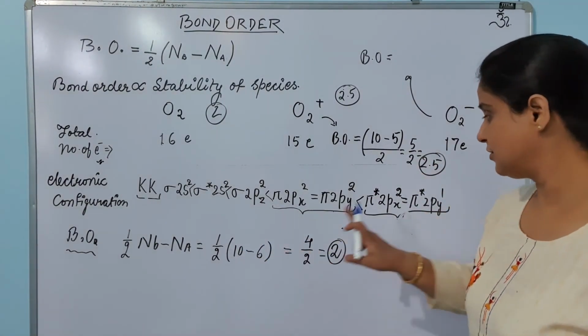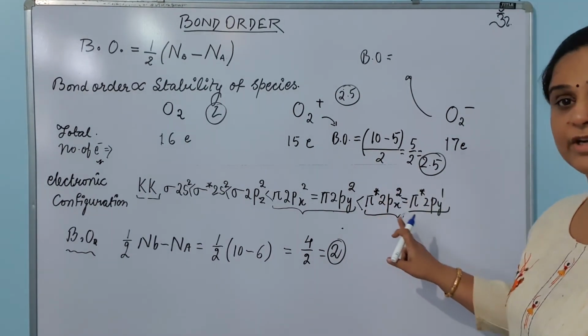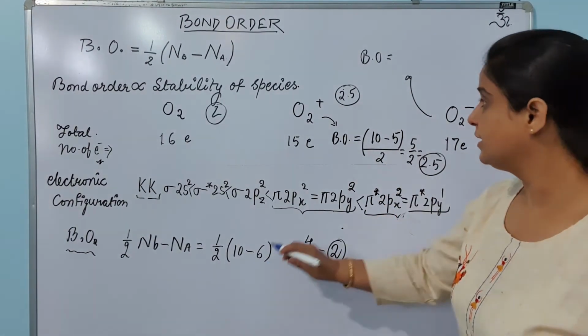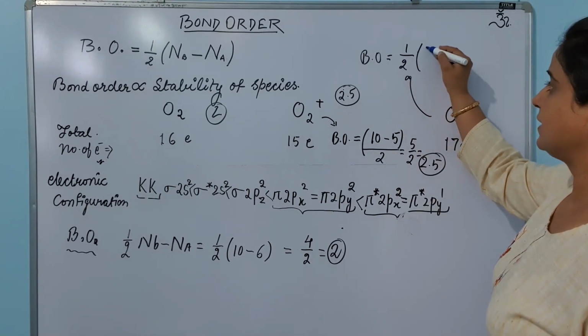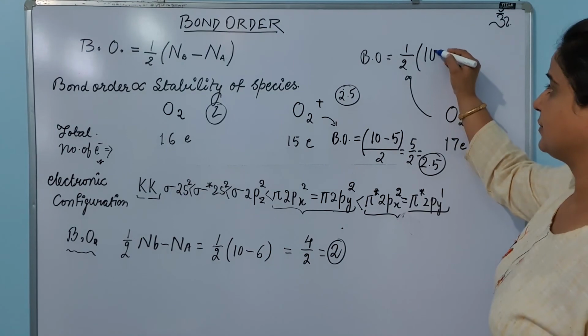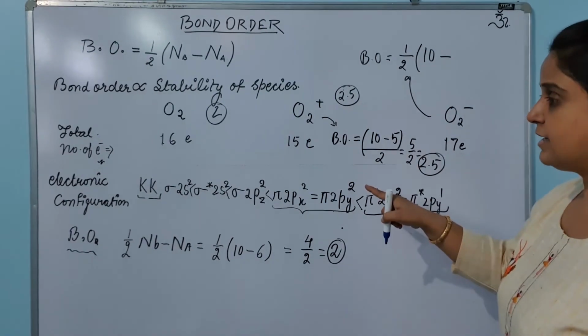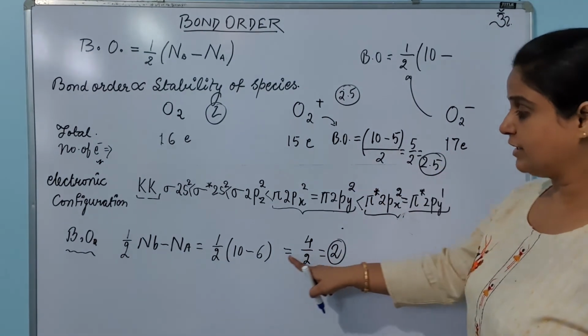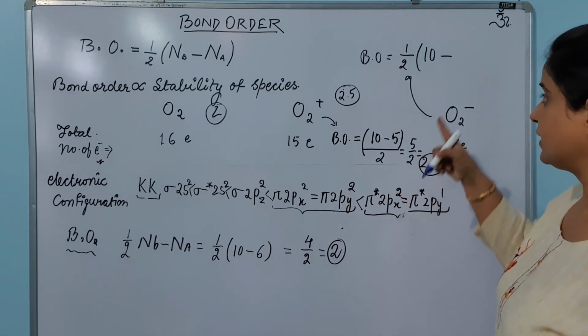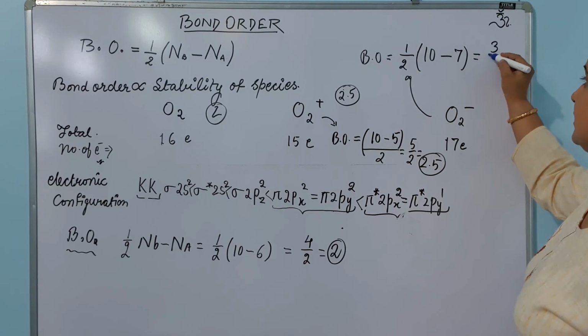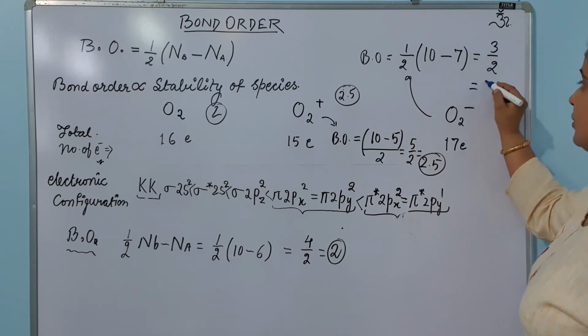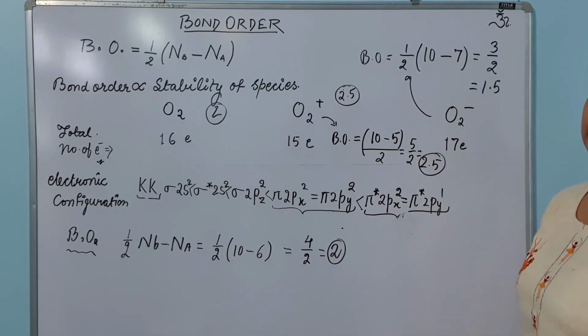Bonding we are not changing, because we are making changes only in the anti-bonding molecular orbitals. So bonding electrons will remain the same, Nb is 10. N anti-bonding, how many? Already given 6, and we have increased by 1, so this becomes 7. So what will be the answer? 3 by 2. So the bond order will be 1.5.